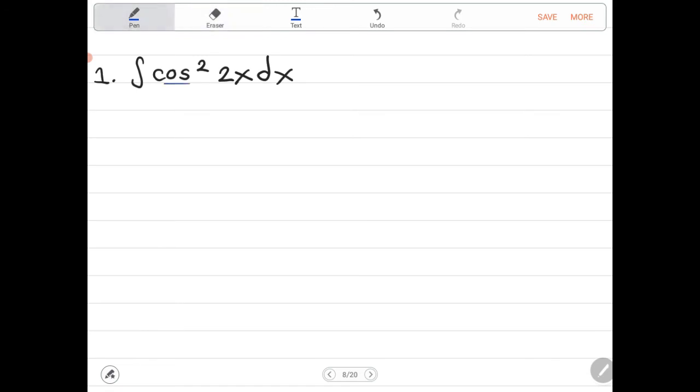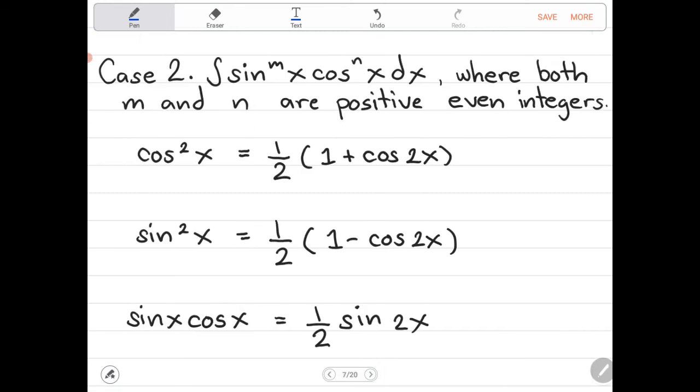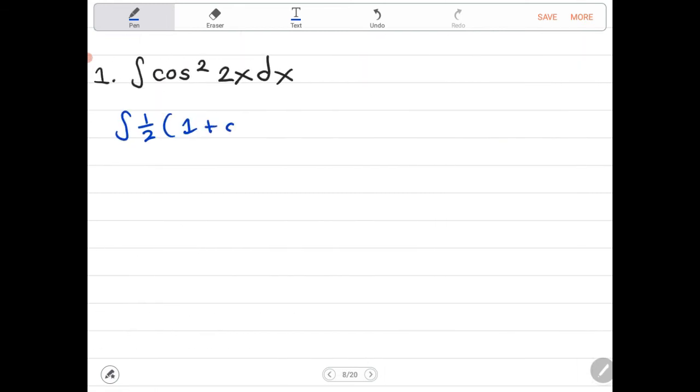Okay? So we have the integral of 1/2, 1 plus cosine 4x dx. Why 4x? Because the given here is 2x. So as I was saying, it should be doubled. So we double the 2x, it will become 4x. Okay? So now, let us remove the constant, the 1/2, outside the integral sign.